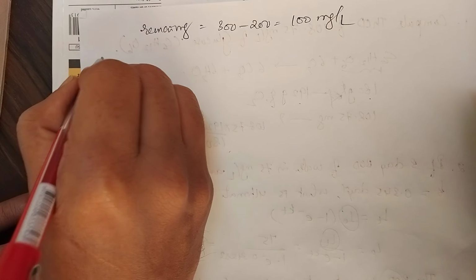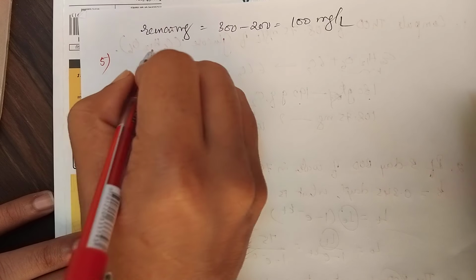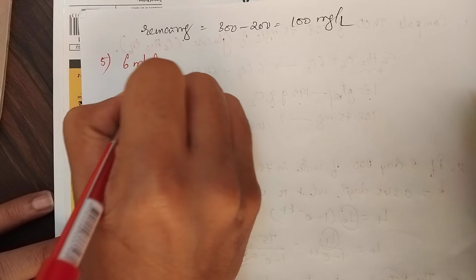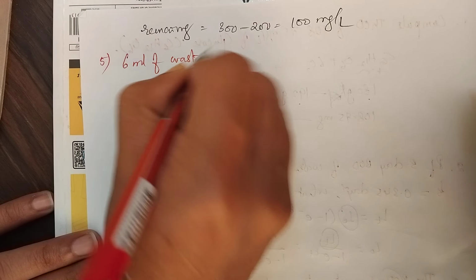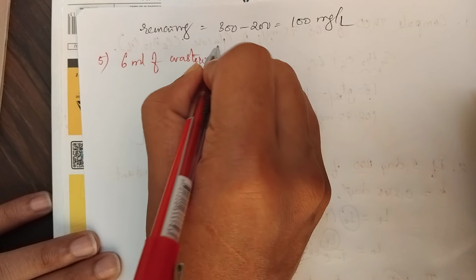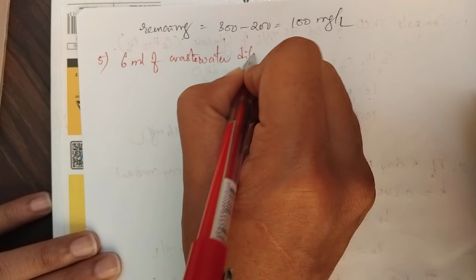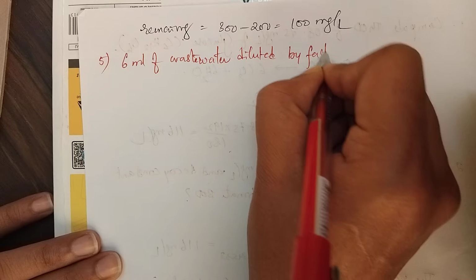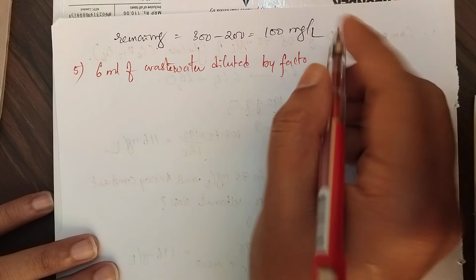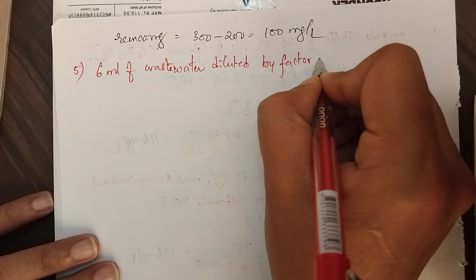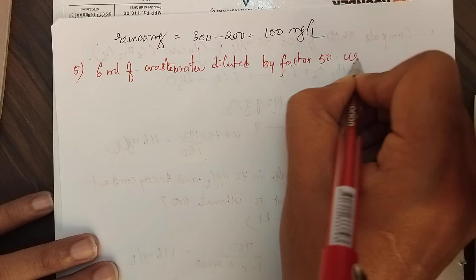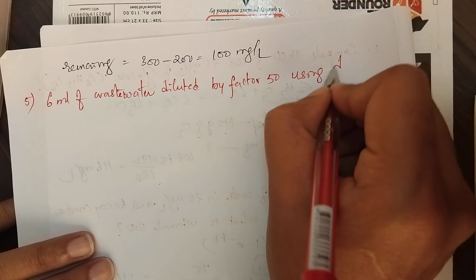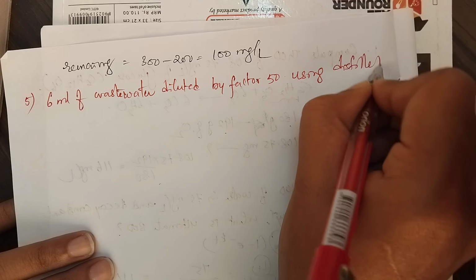Next problem, BOD dilution. 6 ml of wastewater is diluted by factor, instead of fraction here factor is given, factor 50, using distilled water.